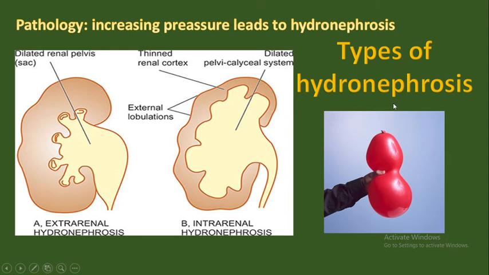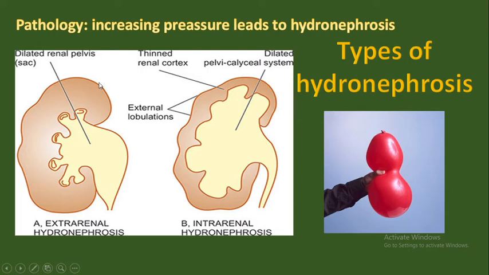If there is urine coming from the ureter, it will go downside to here. But because the hand is compressing and not allowing the urine to go downside, it will accumulate only in the renal pelvis, more and more, and hydronephrosis will occur in the renal pelvis.